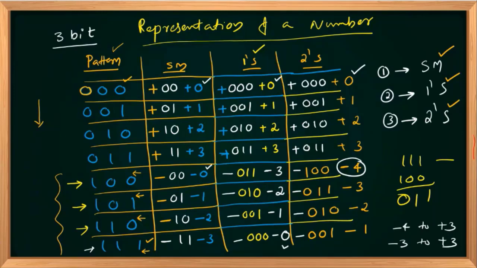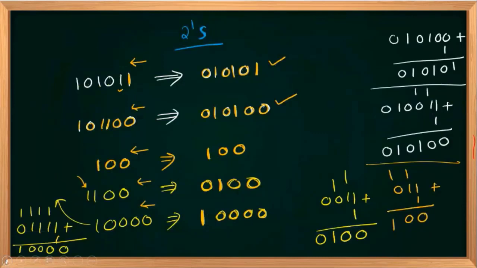We also discussed an easy method to identify the 2's complement of a given binary number. Travel from right extreme towards left, repeat until you are observing a 1. Here I am observing a 1, so I'm repeating up to that. Then complement each digit: 1 to 0, 0 to 1, and so on.